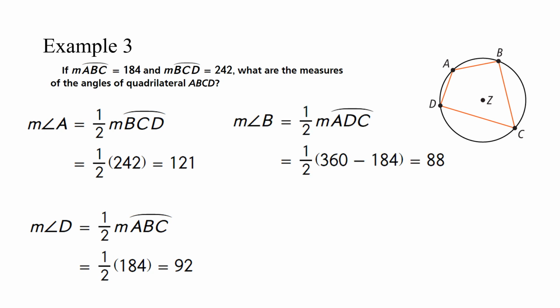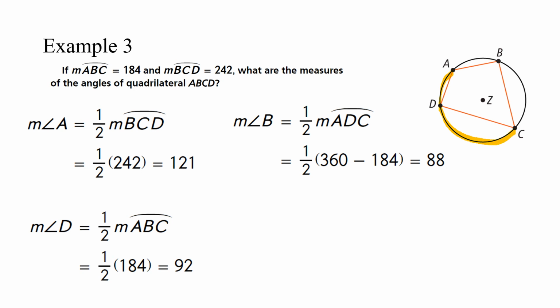To find the measure of angle B, that's going to be 1/2 the measure of arc ADC. Now, the measure of arc ADC is going to be 360 minus 184. So if we're looking at the circle, ADC would be this arc.